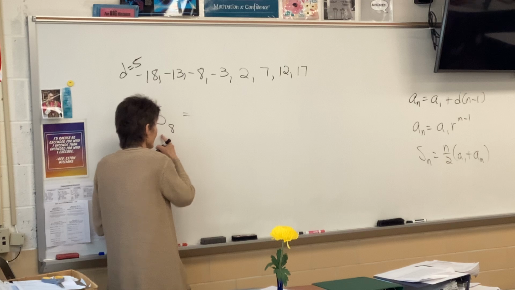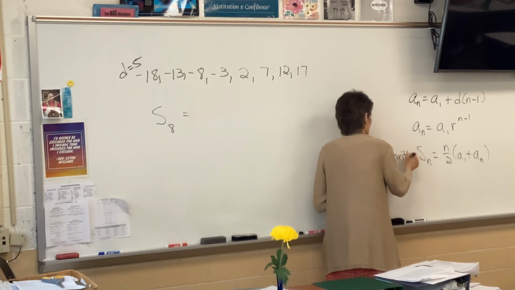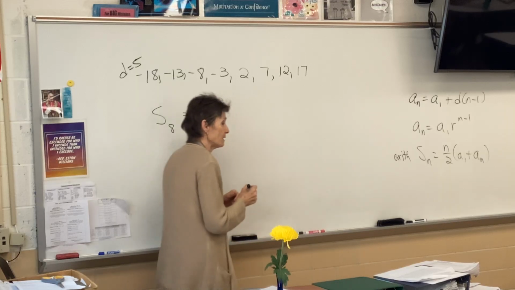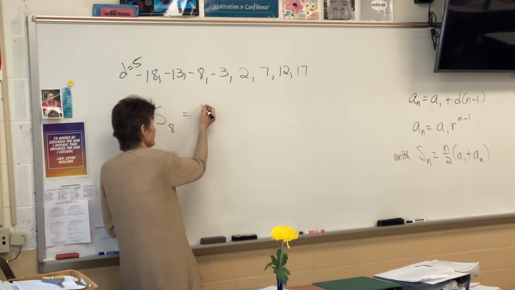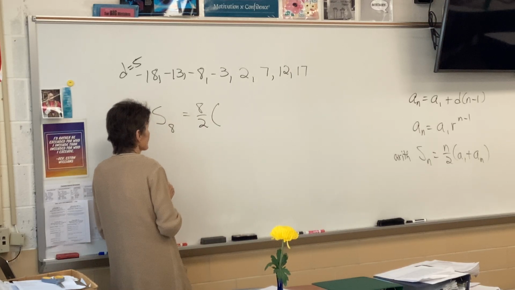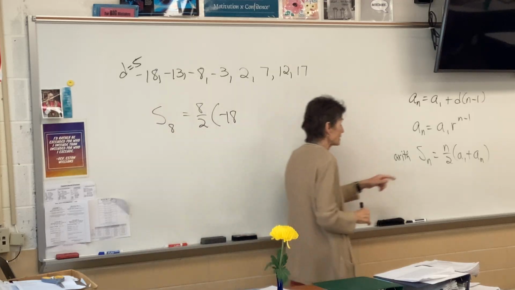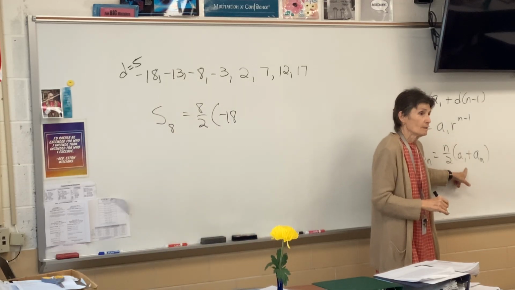So what does the formula say? It's arithmetic. That's this formula right here. So what does the formula say to do? S sub 8 equals 8 over 2. Negative 18, because this stands for first term.